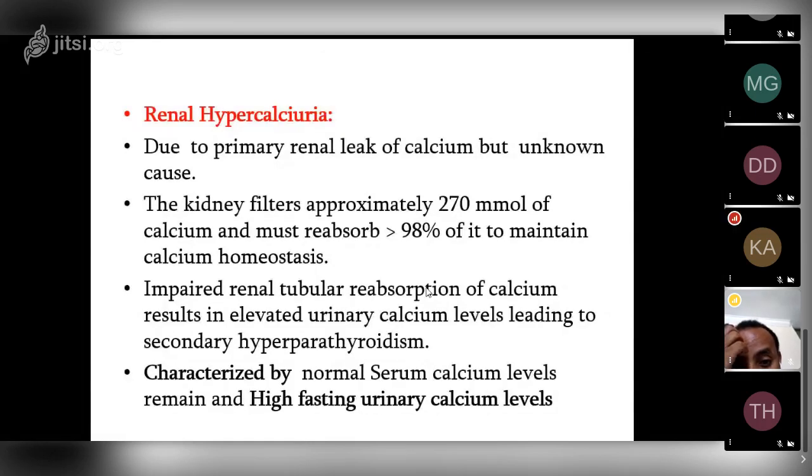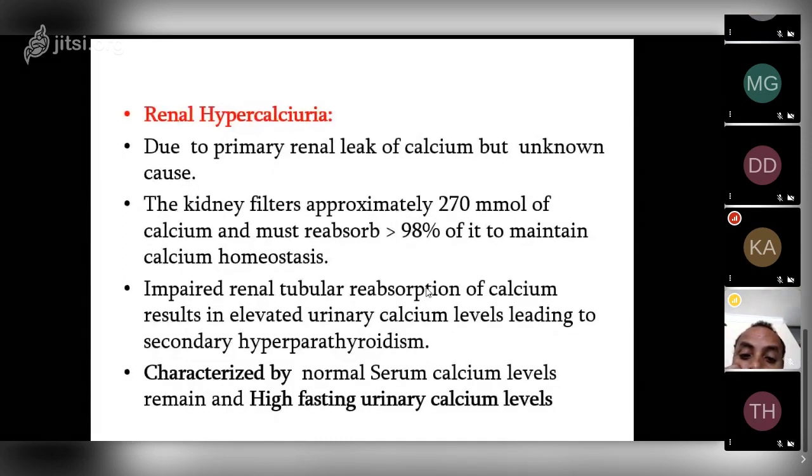Impaired renal tubular reabsorption of calcium results in elevated urinary calcium levels and leads to secondary hyperparathyroidism, characterized by normal serum calcium levels and high fasting urinary calcium. So if there is a normal serum calcium level and high fasting urinary calcium levels, we may consider the cause to be a renal leak.